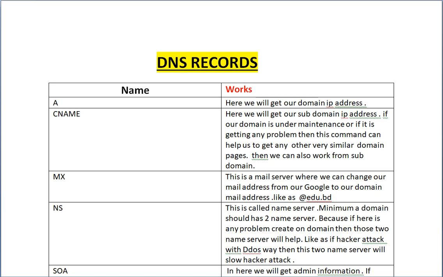For example, if I'm talking about 4.4.4.4, this 4.4.4.4 is only for the Facebook address, or if I am talking about the Google IP address, Google has its own IP address.